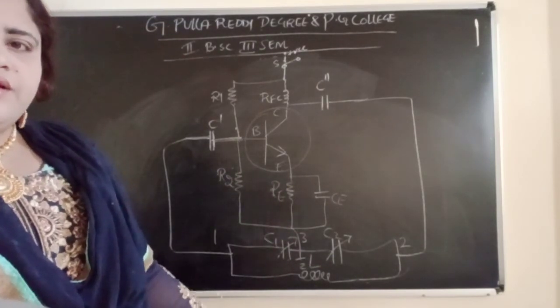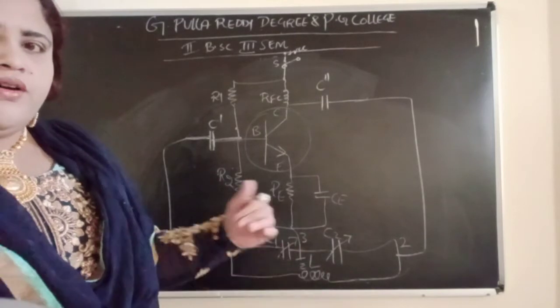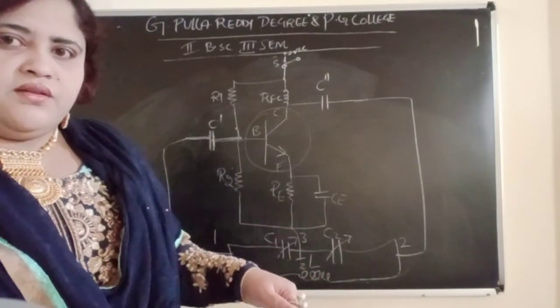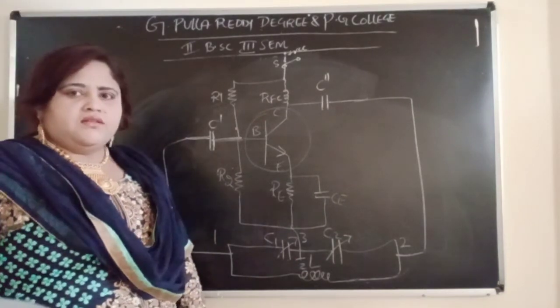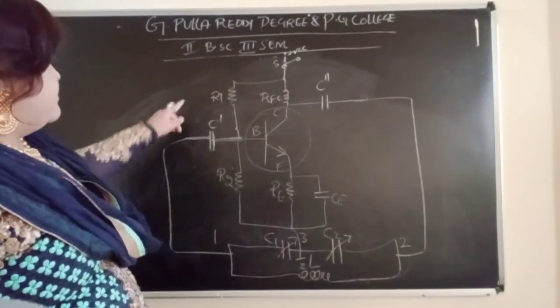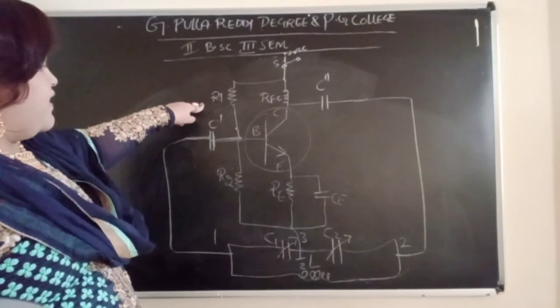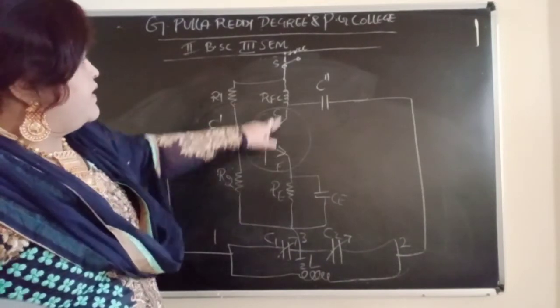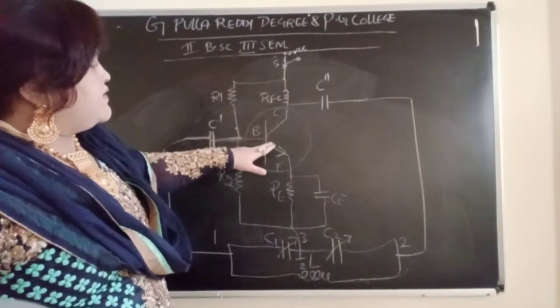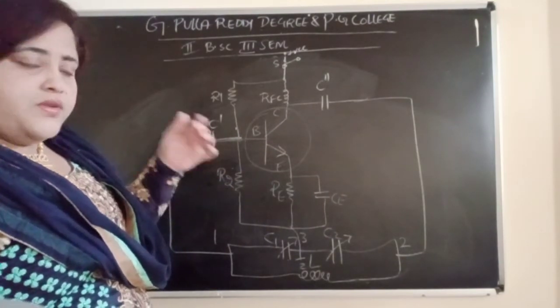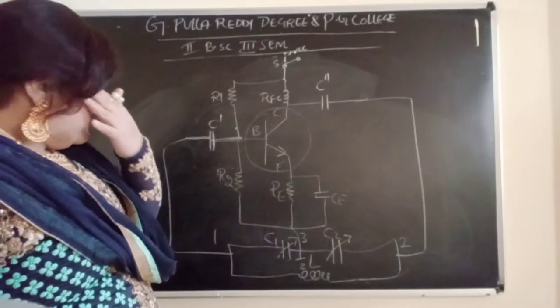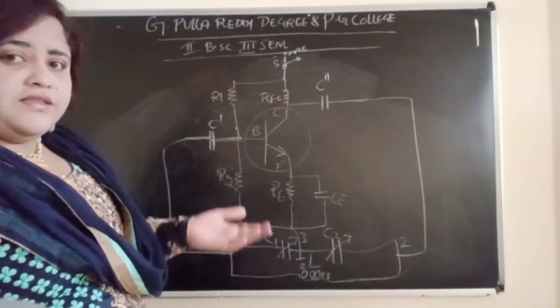Now, I have already explained the circuit description, but once again I am telling about it. See here, the resistors R1, R2, RE and plus VCC establish the DC operating point to the transistor, so that it should work on DC.